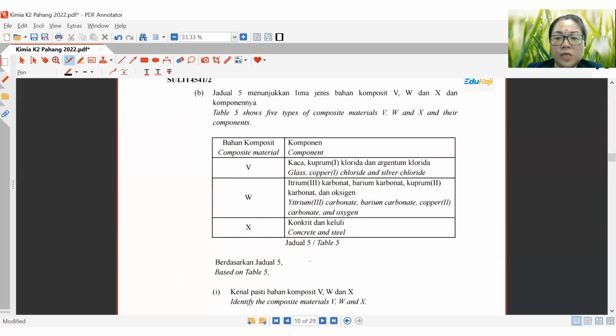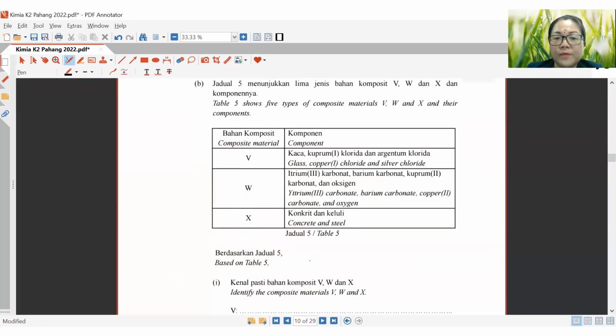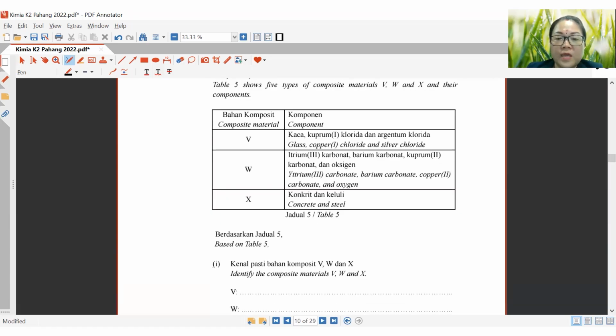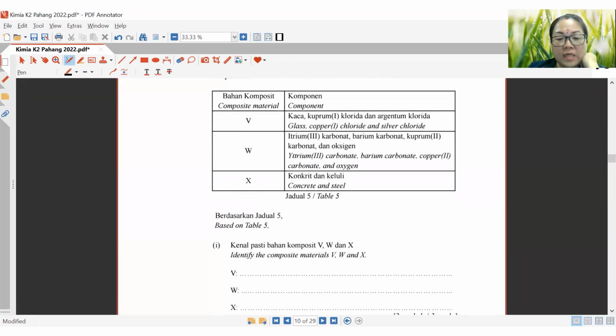All right, let's look at question B. Table 5 shows 3 types of composite materials, V, W, and X, and their components. Composite material V contains glass, copper 1 chloride, and silver chloride, whereas W contains yttrium 3 carbonate, barium carbonate, copper 2 carbonate, and oxygen, and X contains concrete and steel.